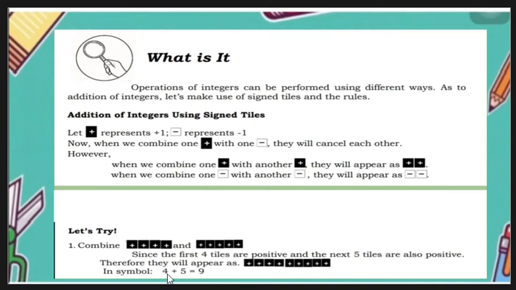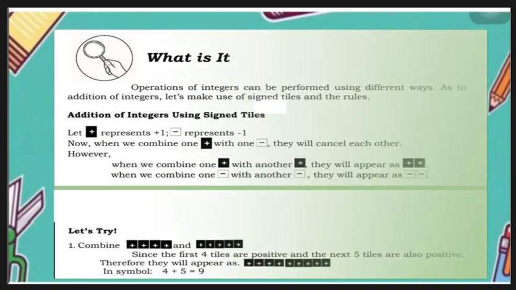We have 4 plus 5 is equal to 9. This is using the tiles method.